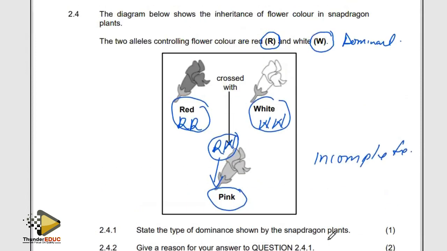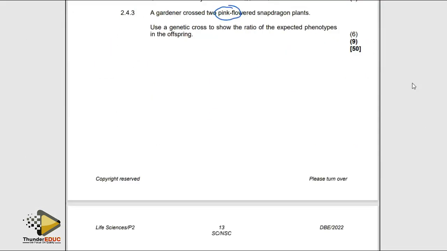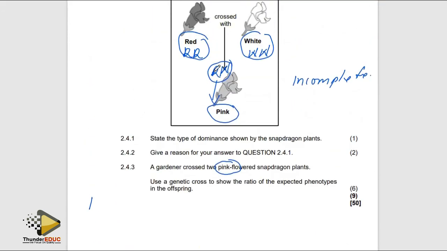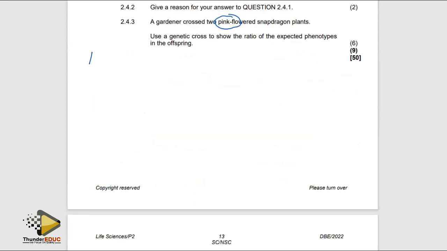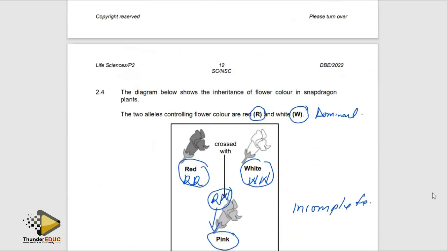So what are you supposed to write? The first thing you need to do: because it is a second generation we are crossing, it is advisable to use P2. P means parent. So P2, parent 2, because we have already had parent 1.